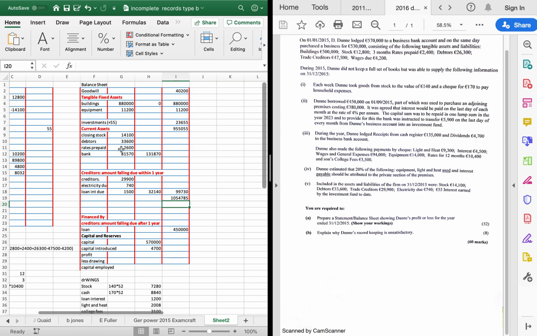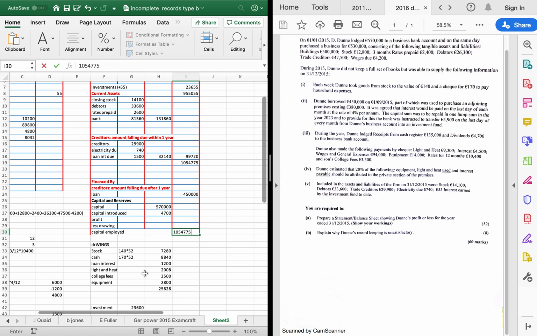It is 560. Alright, so we'll just correct that. Okay, so we put that in as our capital employed, 1,054,775. Add in my drawings, which of course is a minus 25,628.